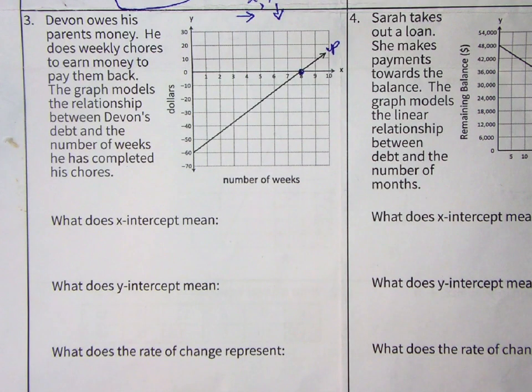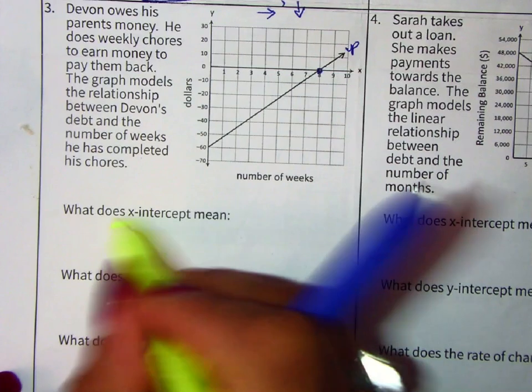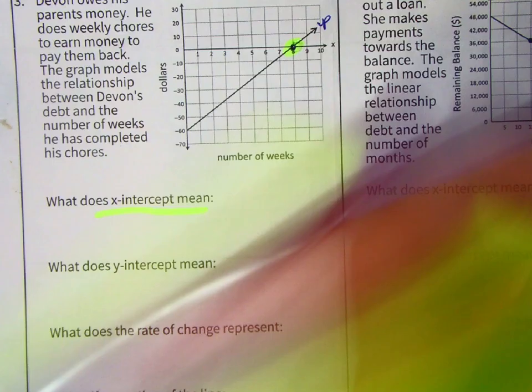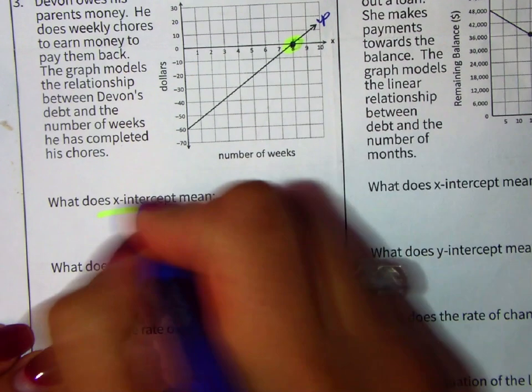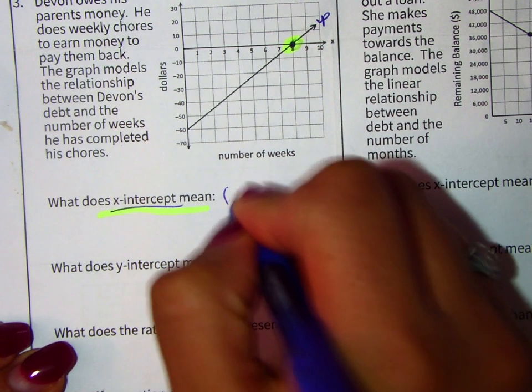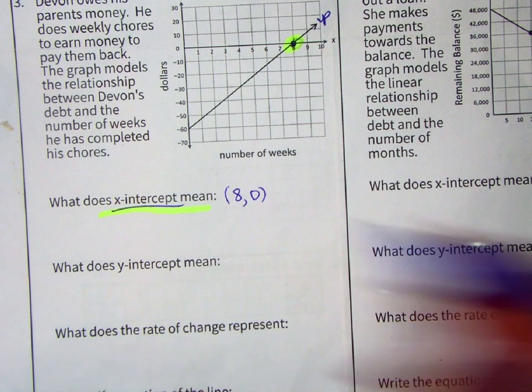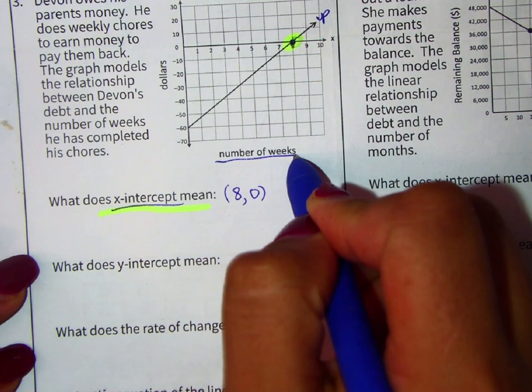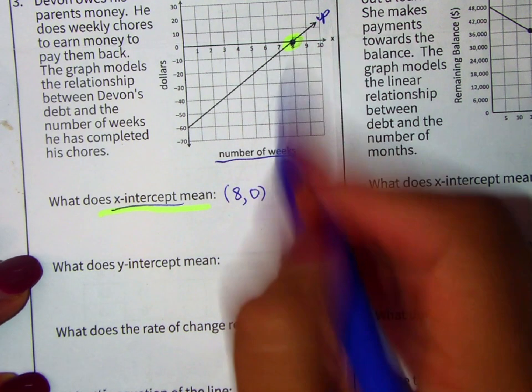And that's the first question. The question is asking, what is the x-intercept? What does the x-intercept mean? So not only are you finding the x-intercept and saying that the x-intercept is (8, 0), but what does it mean? It means number of weeks, because we're talking about the x, 8 weeks.